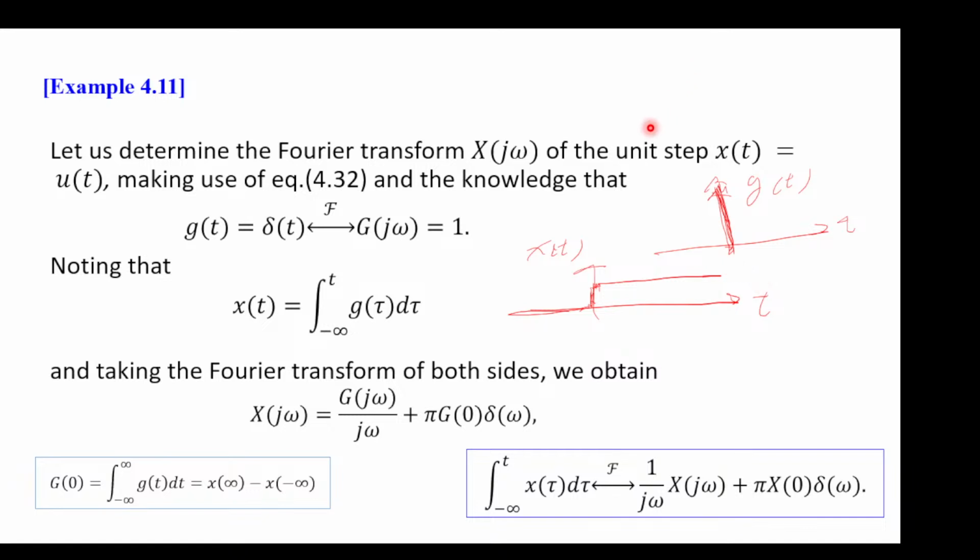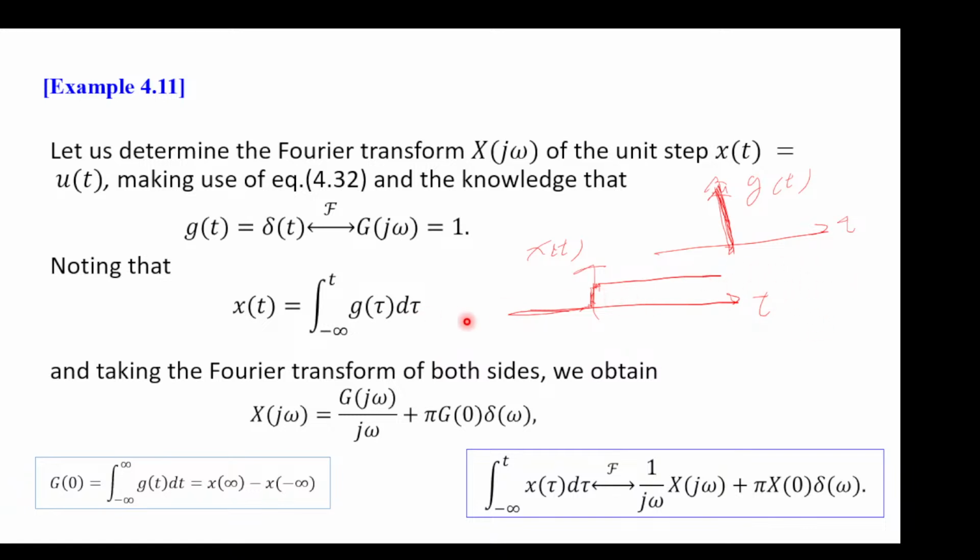To say a little more, suppose our g of t is something localized in time. Then you would think your integration is also localized, so it should be flat at minus infinity and flat at plus infinity. But what we mean by the DC term is that the flatness at minus infinity and the flatness at plus infinity might be different.